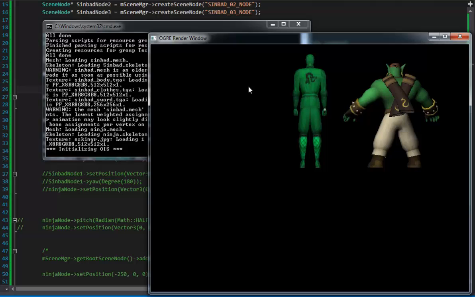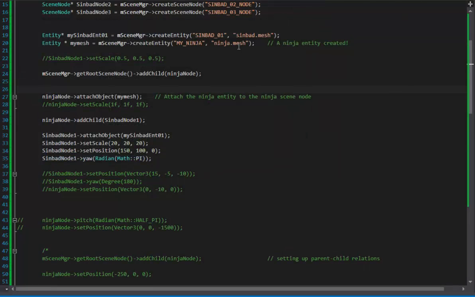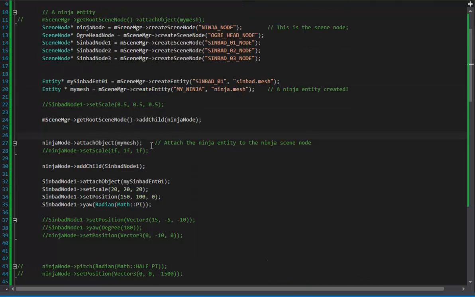Okay, now let's move everybody to the right so that you would be able to fit two Sinbads on the left of the Sinbad, I mean the Ninja. So how about moving everybody by about 50 points? Since I want to move everybody by 50 points, I'm going to move the Ninja node because it's the parent. So the Ninja object is rooted there.